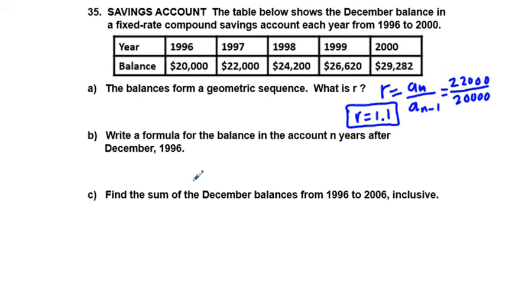Write a formula for the balance of the account in years after December 1996. Well, for this, I'm going to write this kind of in function form. We'll say A sub n for amount. A sub n, which is the amount as a function of the input value of n, equals our initial term, which is 20,000, times R, which is 1.1, to the power of n.